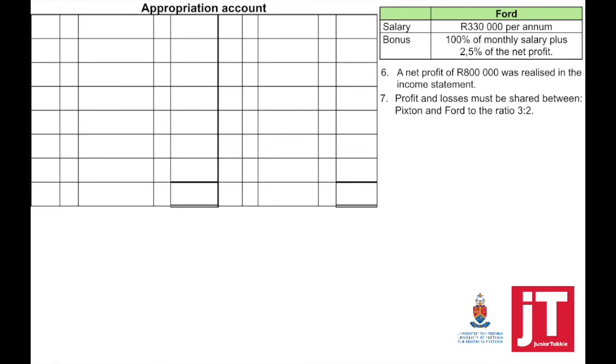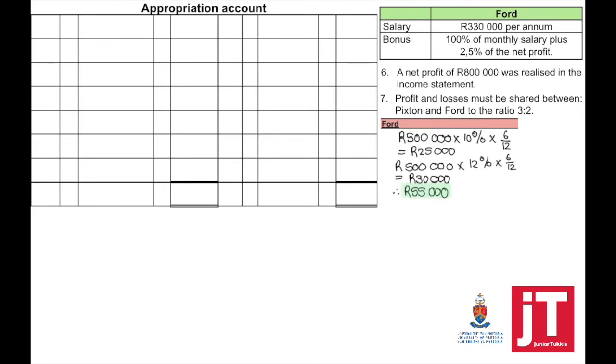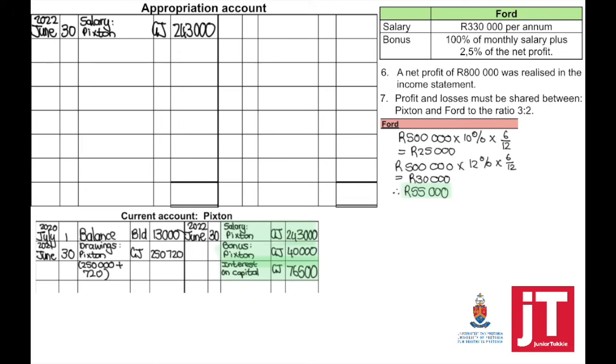Sorry about that. So if we look at the appropriation, I would always have on the debit side my primary distributions of profit, which means salary Pixton, 243,000, salary Ford, 350,000, and then we have bonus Pixton, which we've done in our current account, 40,000.